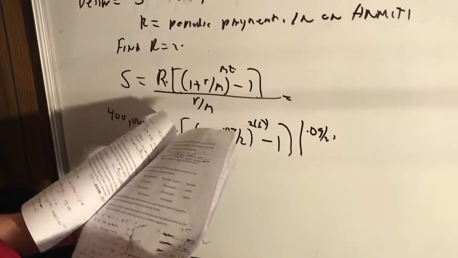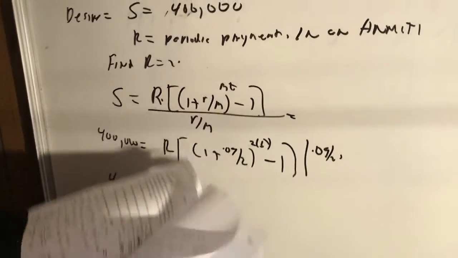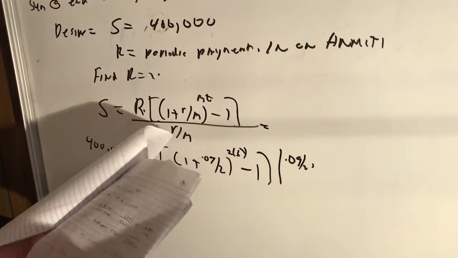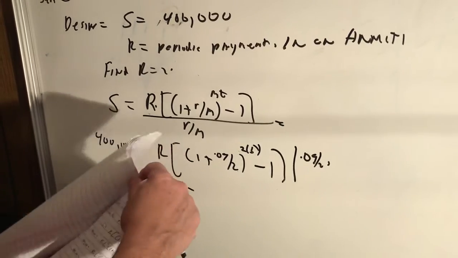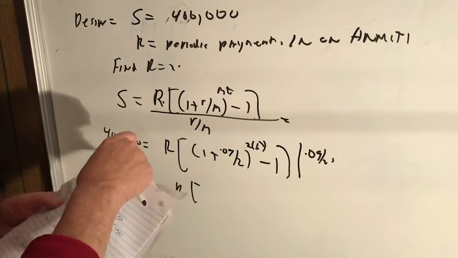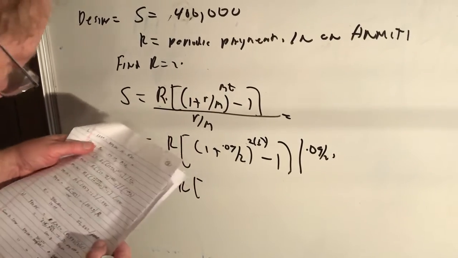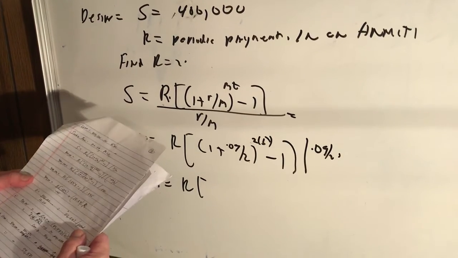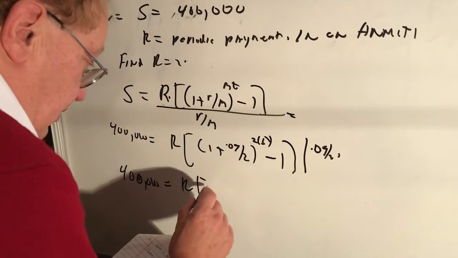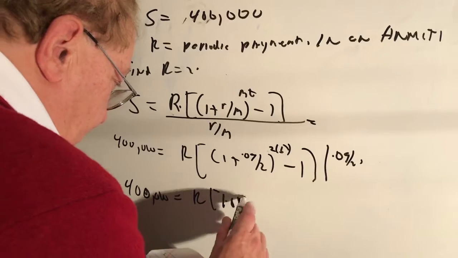Well, let me go to my calculations. Here's the number 6. Okay, here we go. And it's 1.045 once again. 1.045.